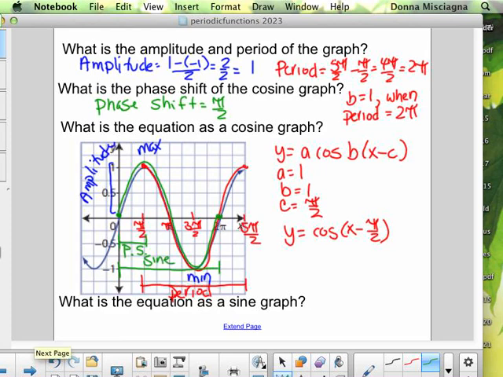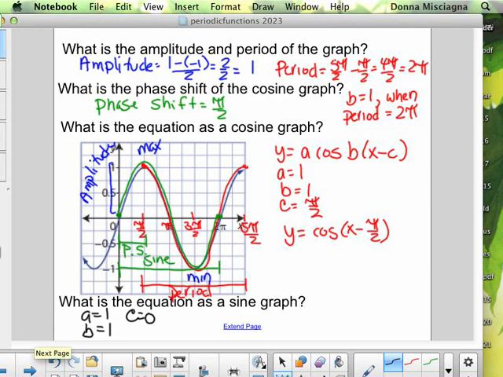And there is no phase shift, right? So for the sine graph, A is still going to be 1, B is still going to be 1, and C is 0 because there is no phase shift. It's starting right at the y-axis, and specifically at the origin.